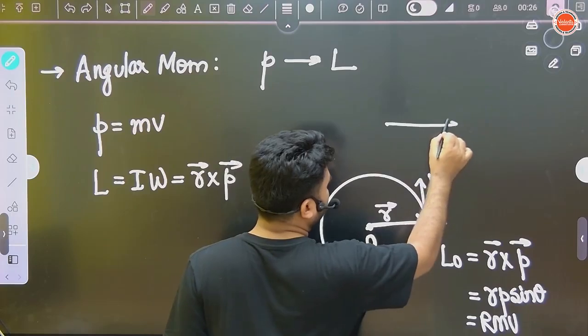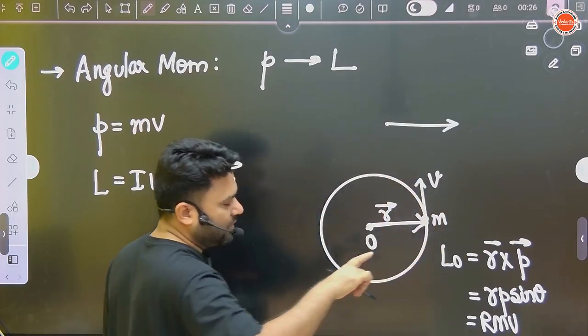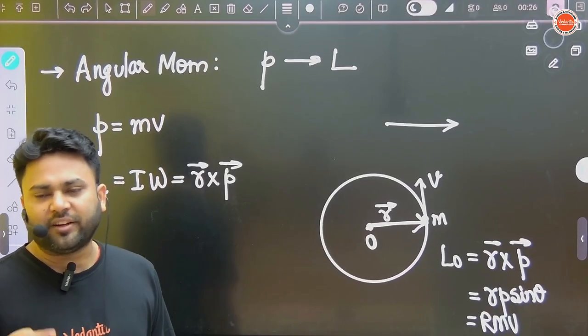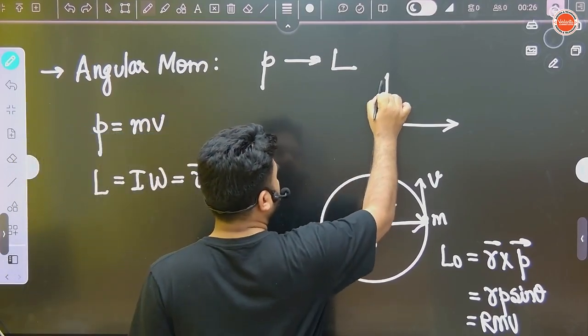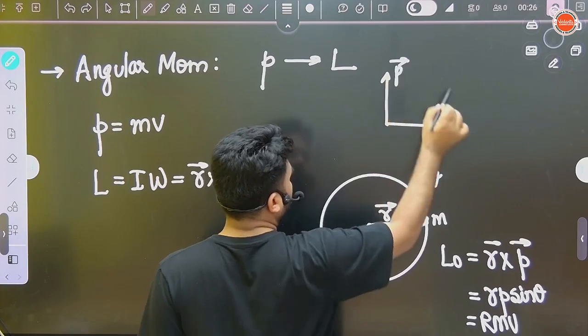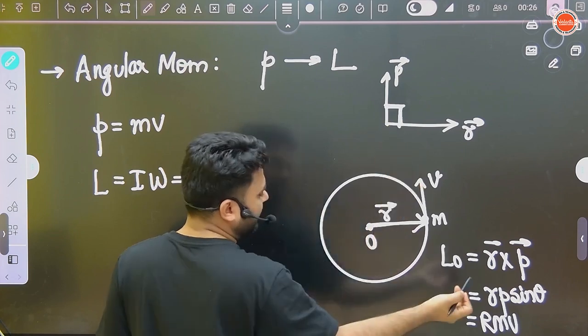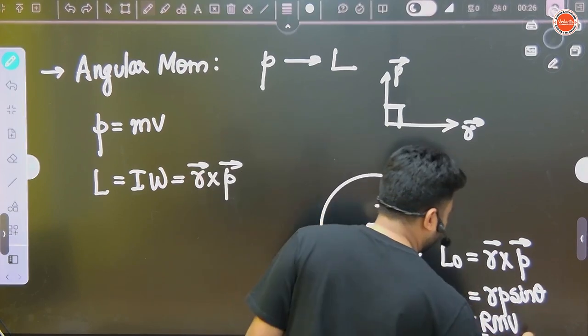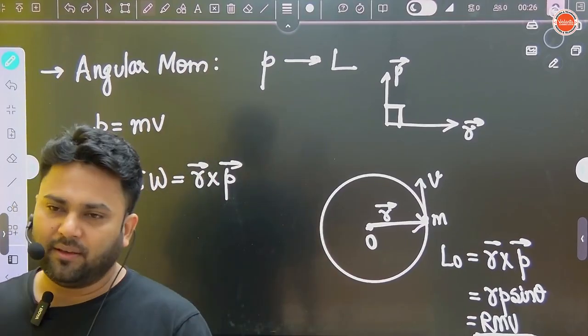The R vector is like this in the east direction, and the P vector, momentum, is in the direction of velocity. This is the P vector and this is the R vector. The angle between them is 90 degrees, so sin 90 is 1. So you will get mvR.